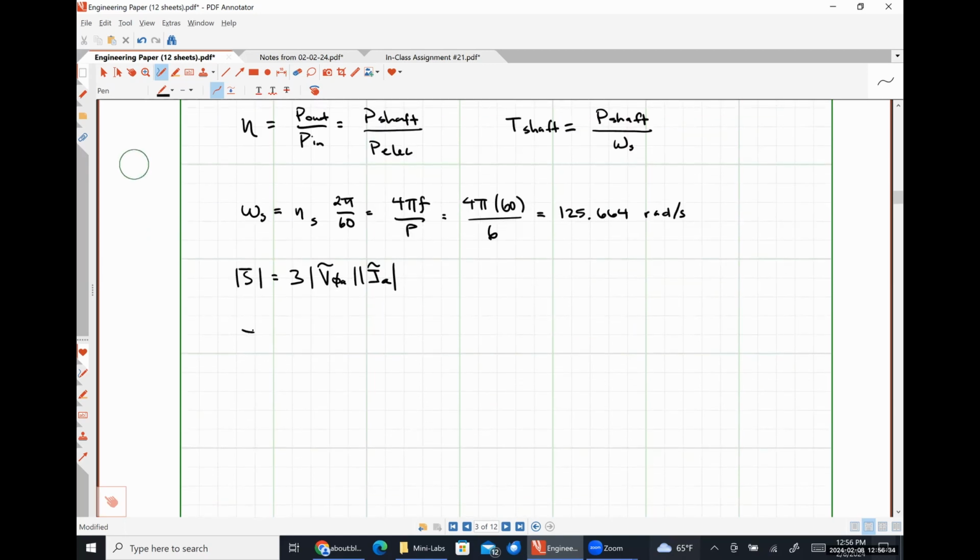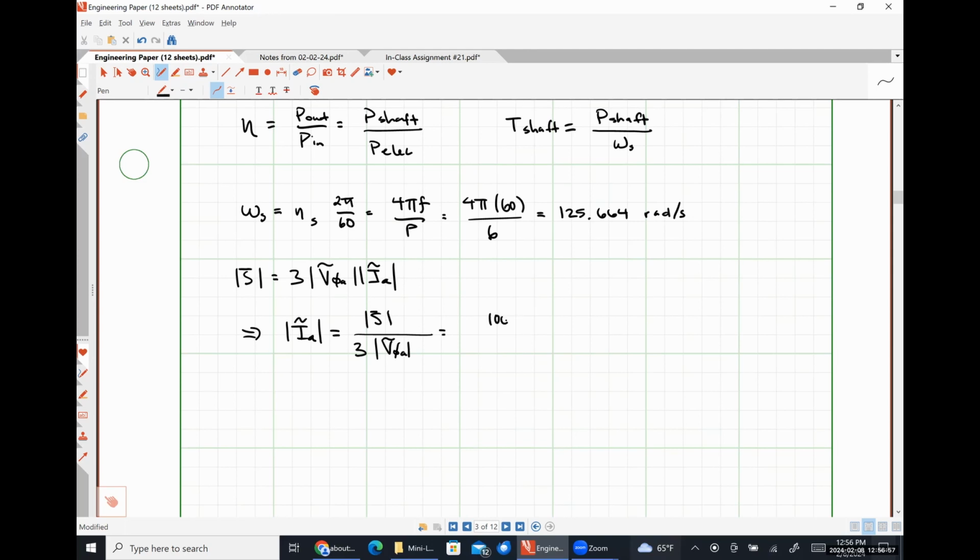We could rearrange this relationship, and we would see that the magnitude of our current, IA, is going to be just our apparent power, S, divided by 3 times the magnitude of our voltage.